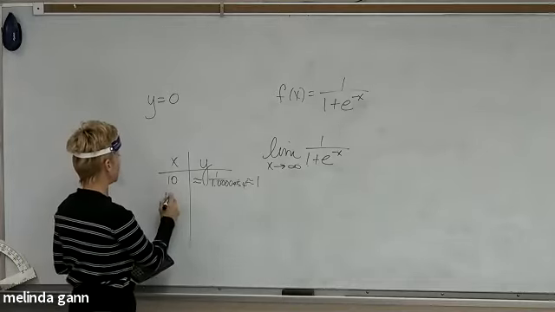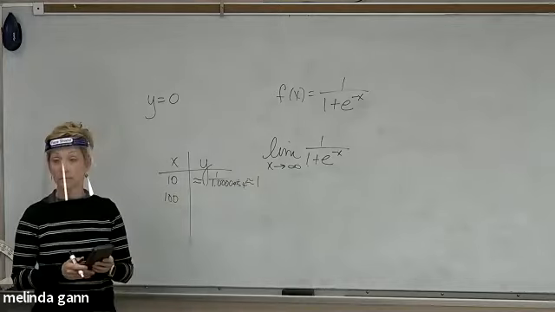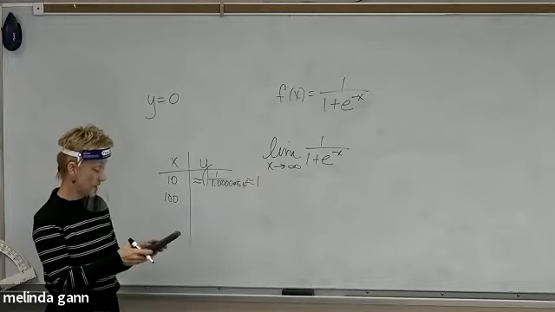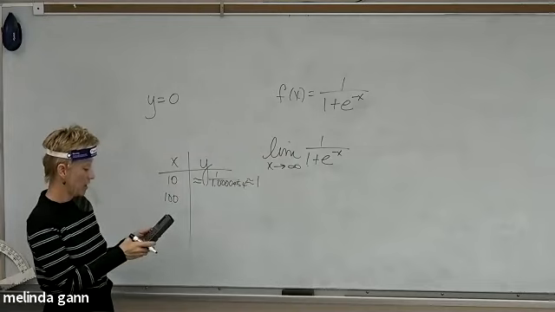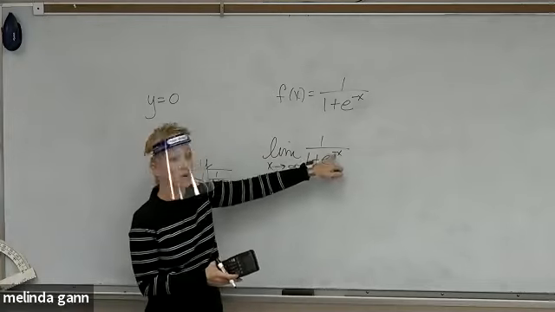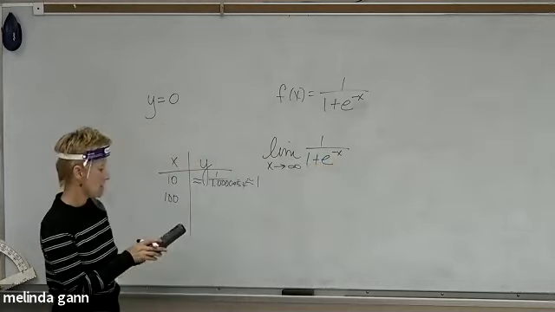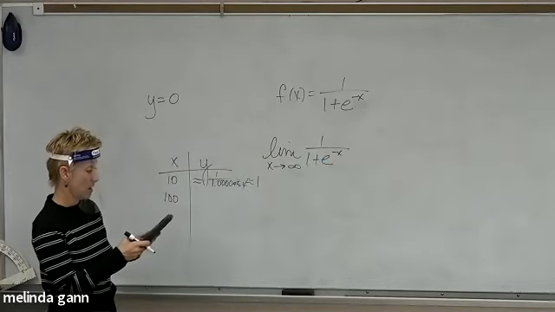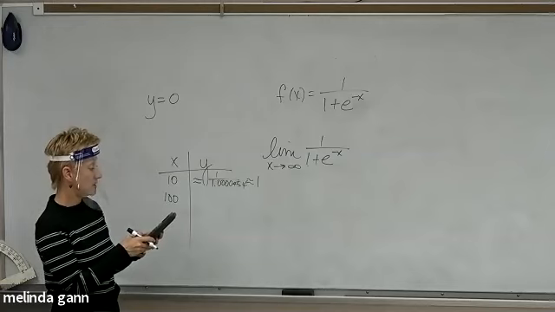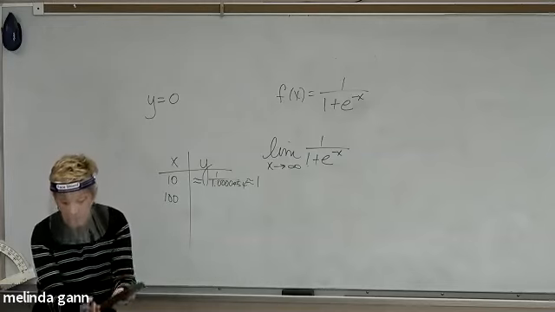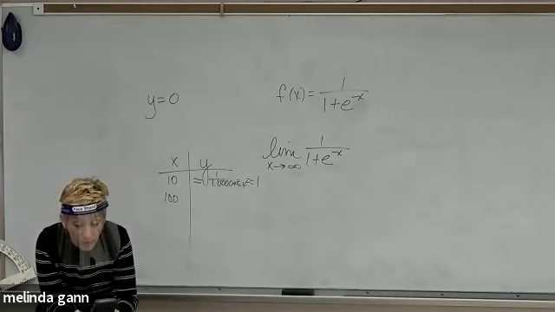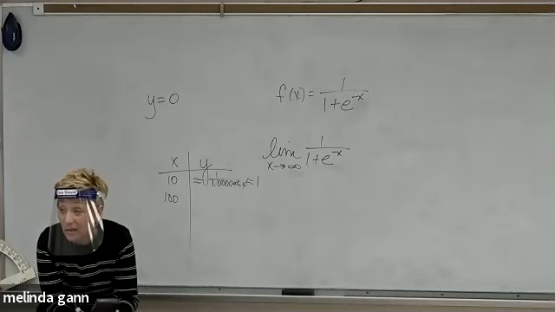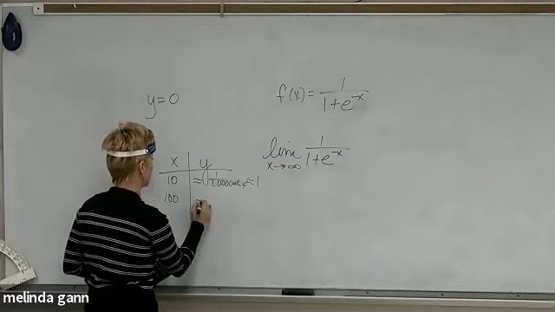All right, put 100 in there then. So I've got to take e, and I've got to raise it to the negative 100 because there's a negative in front of this x. And then add 1 to that. Don't you get about 1?